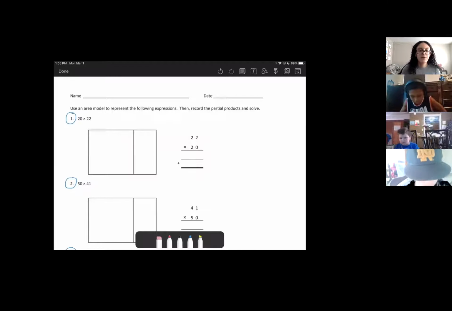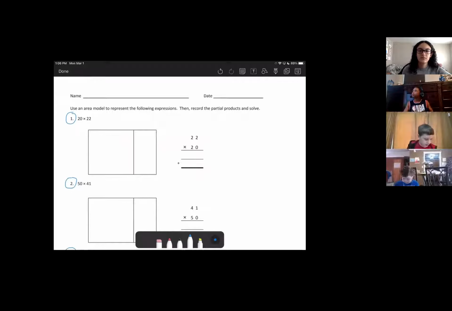So who can remember from our video how we need to label the sides of our rectangle? Jack, how are we going to label the sides of our rectangle? On the left, you put the number you're multiplying with. Right, so which number are we going to put on the left? The 20.